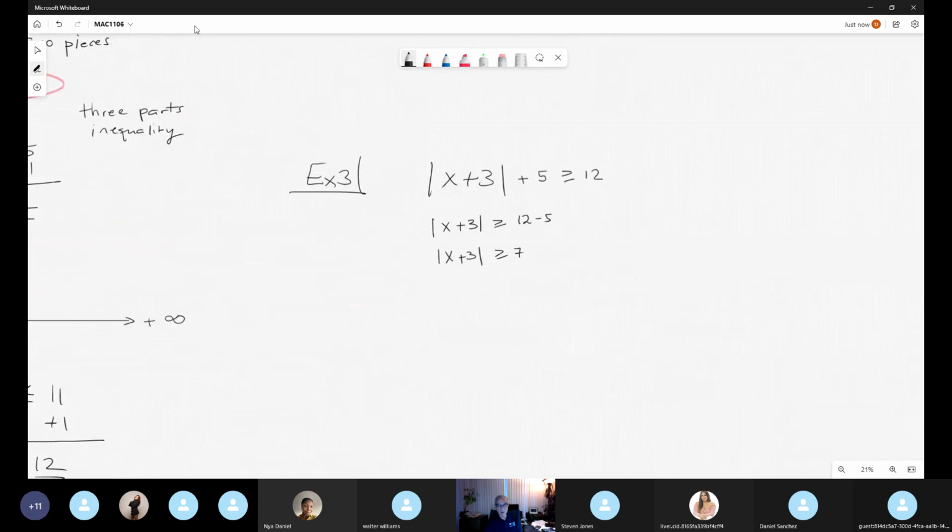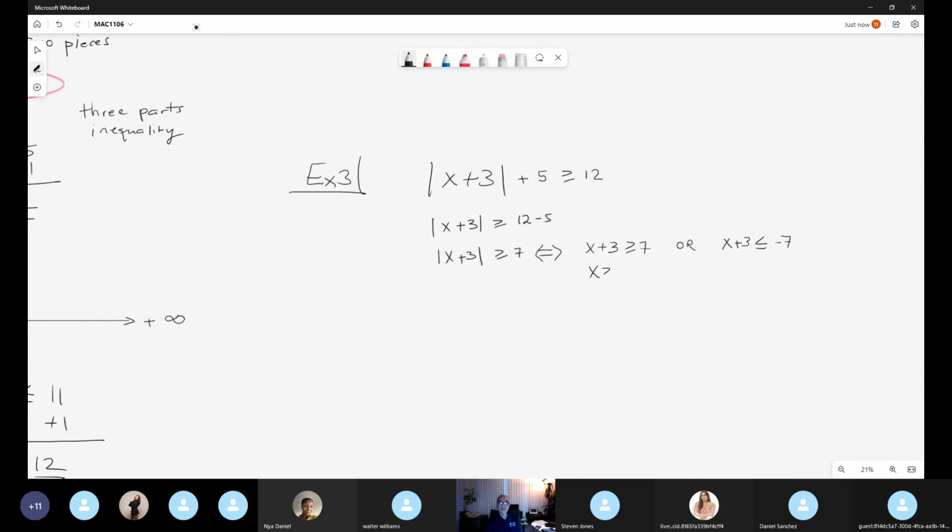And you copy. This is 100% equivalent to writing x plus 3 greater than or equal to 7, or x plus 3 less than or equal to minus 7. So for the less than, you put a negative sign, the opposite sign, and you have two inequalities, easy.